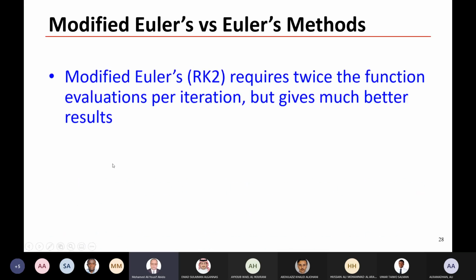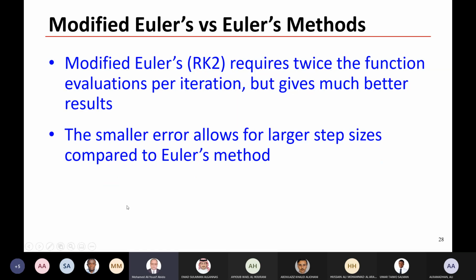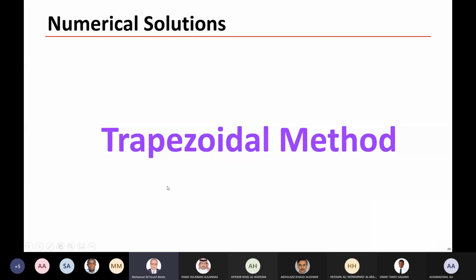So that means modified Euler method is much better than Euler method, but it needs more calculation. Modified Euler method requires twice the function evaluations per iteration, but gives much better results. The smaller error allows for larger step size compared to Euler method. In this case, of course, if you would get an accurate solution, you can relax a little bit the interval, and you can increase the interval, and that gives you better results.